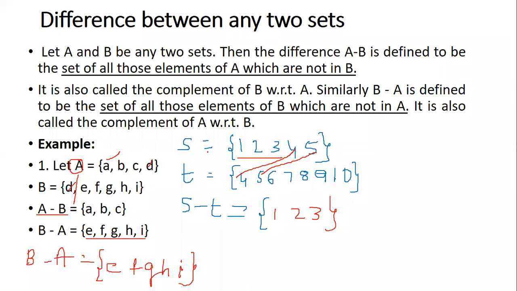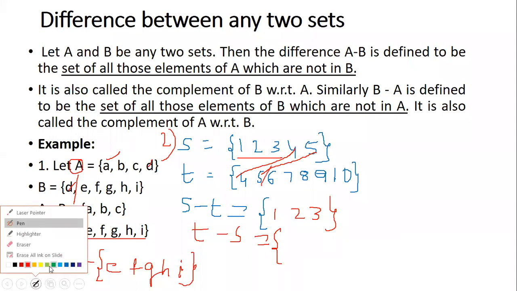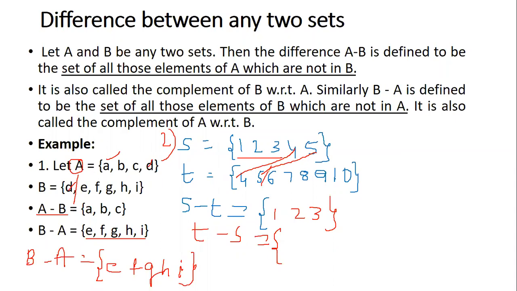Now coming to our second example. What is T minus S? Correct. So 4 and 5 are present in S also.